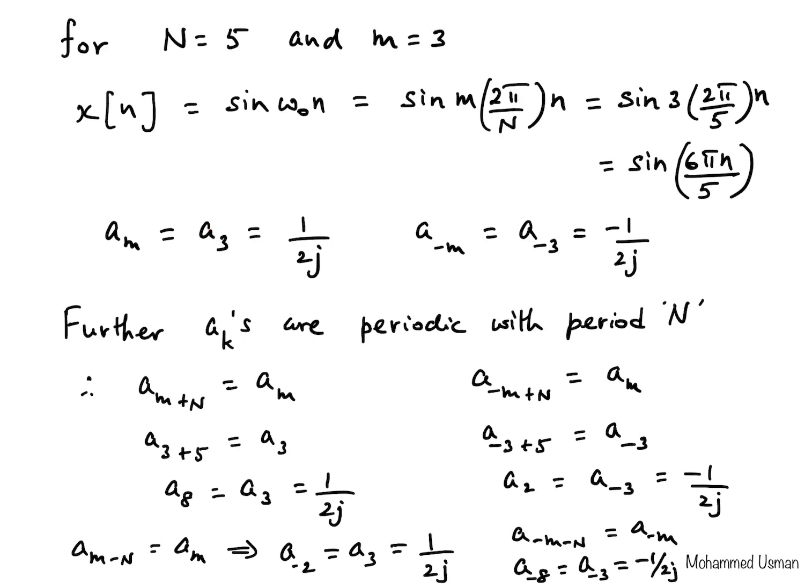A shift of 5 from 3 is 8 to the right, and to the left it becomes a minus 2, it's the same as a3. Similarly, for minus 3, minus 3 plus 5 is plus 2. So a2 is equal to a minus 3. And we can work out for different values of shifts of integer multiples of n. So we'll see that these aks are periodic with period n.